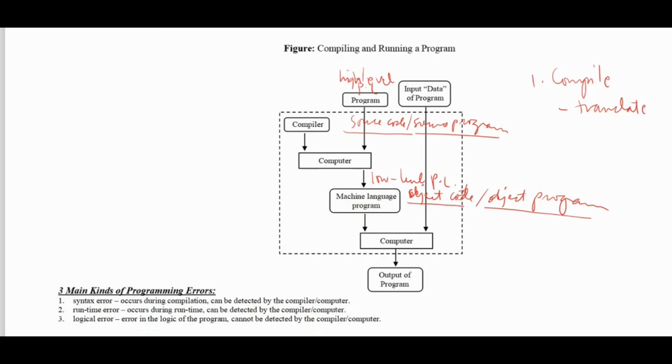Now, during the compilation of the high-level language program, the syntax errors occur if there are syntax errors. If there are grammatical errors in the program, then we call them syntax errors, and the compiler will report to the user what are those syntax errors.